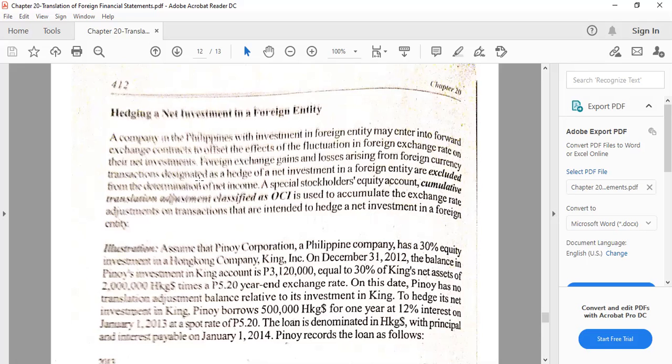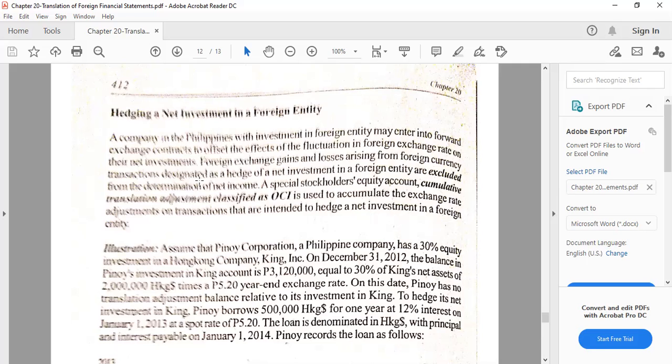So take note also that hedging is optional, and this is not something that is automatic if ever we see a foreign entity. That's not the case. If you can recall, we also said that fair value hedge is going to reflect all changes in the hedged item and the hedging instrument to profit or loss.